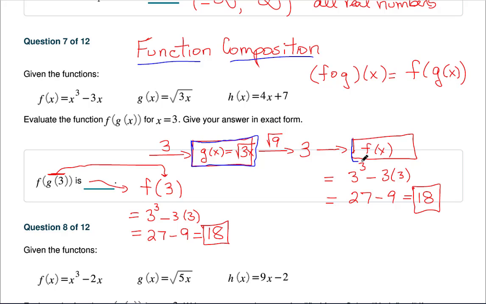So here's f. F is x cubed minus 3x. So when I plug in 3, I get 27 minus 9, which is 18. So again, composition combines the functions so that the output of one is the input of the next one.